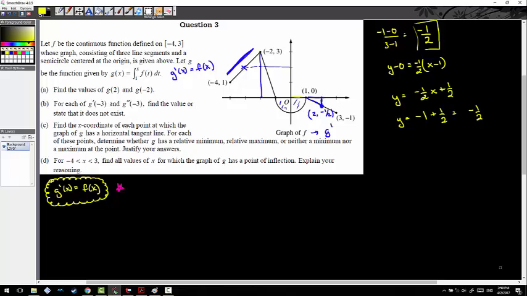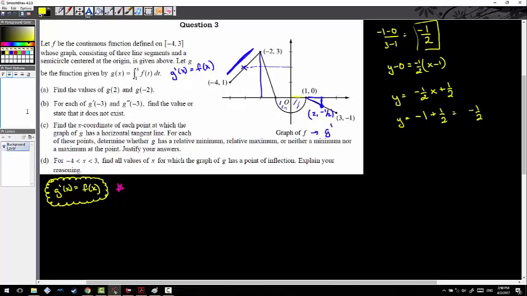Okay, so for part C, they're saying find the x-coordinate of each point at which the graph of G has a horizontal tangent line. For each of these points, determine whether G has a relative min, relative max, or neither. Justify your answers. Okay, so I think I'm going to have to go to my typing tool here for this one. Okay, so what does it mean when a function has a horizontal tangent line?